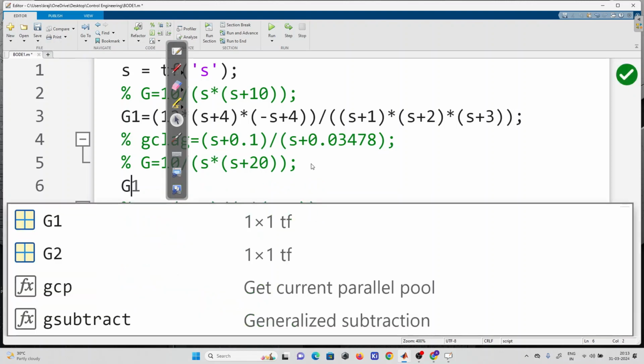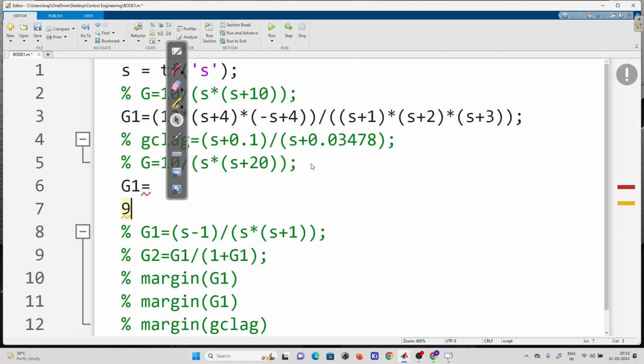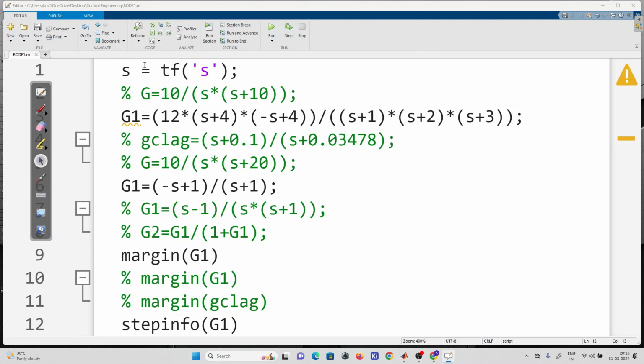G1 is equal to minus s plus 1 divided by s plus 1. Correct? And then margin G1. So it should come like that only, then only that option will be correct.